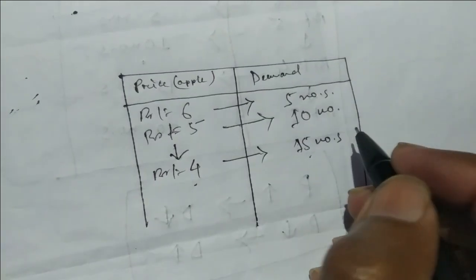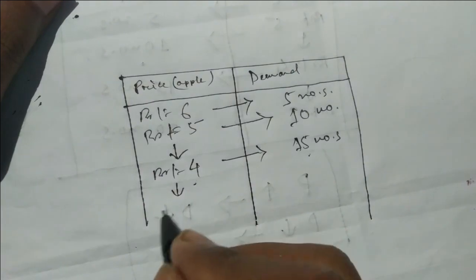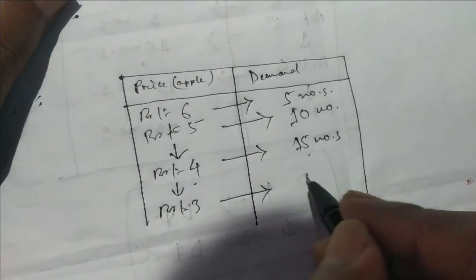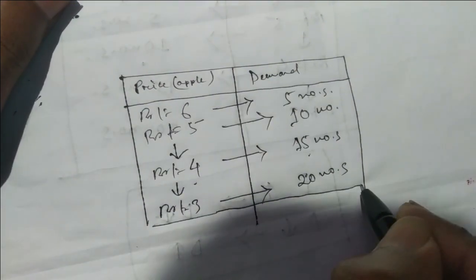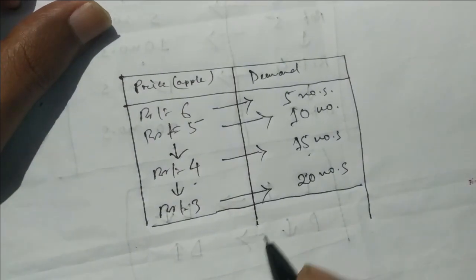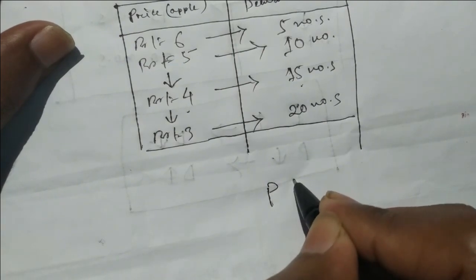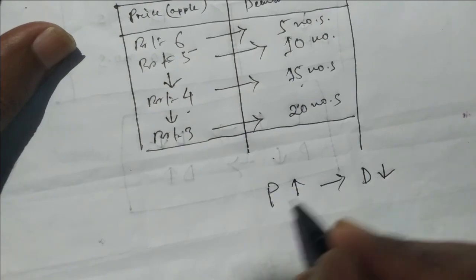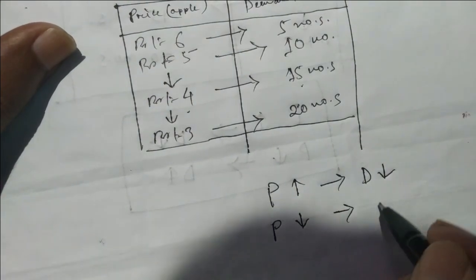Now if the price falls to rupees 3, then quantity demanded goes up to 20. So students, we see that when price increases, demand decreases, and when price decreases, demand increases.